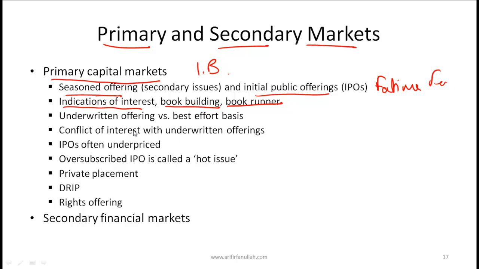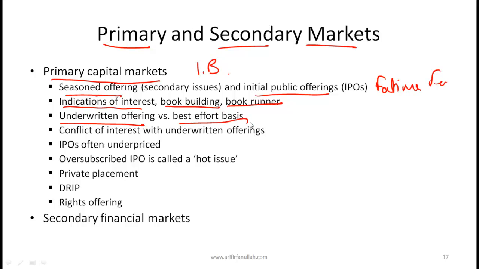Now, an investment bank can either officially do the underwriting, which is called an underwritten offering, or can operate on a best effort basis. In an underwritten offering, the investment banker is taking the risk, essentially saying that he will buy, say, a million shares at a given price, and he has to make sure that the price he has committed will be met, even if it is from his own pocket.